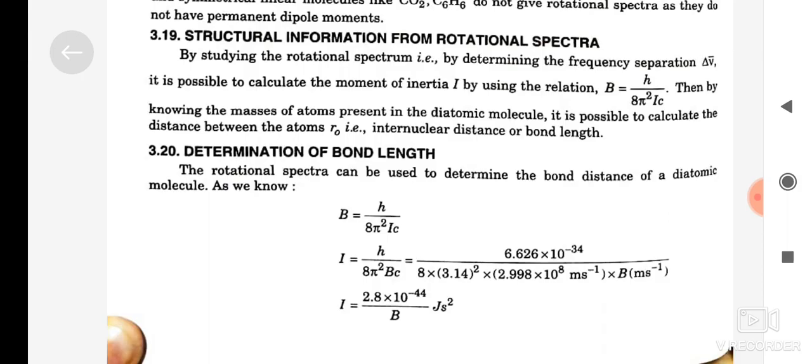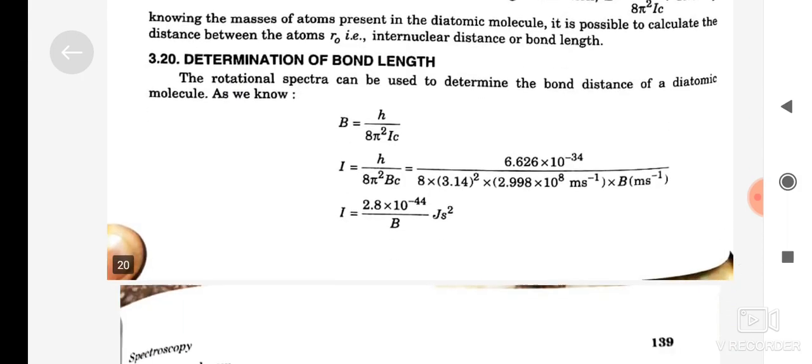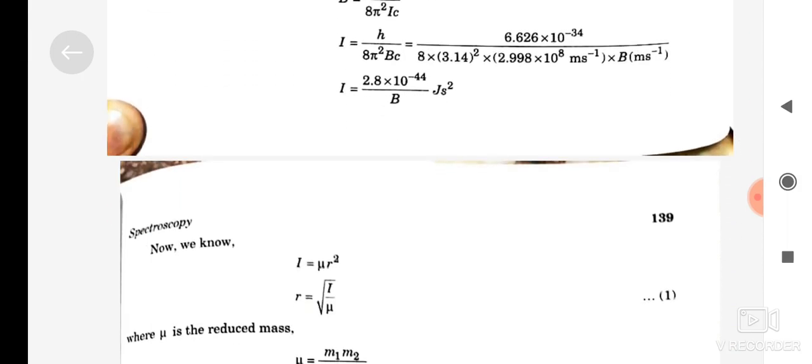Determination of bond length. The rotational spectra can be used to determine the bond distance of the atoms. As we know, B = h/8π²Ic. So I = h value 6.626 × 10⁻³⁴ upon 8 × 3.14² × 2.998 × 10⁸ × B. So I = 2.8 × 10⁻⁴⁴/B J s².